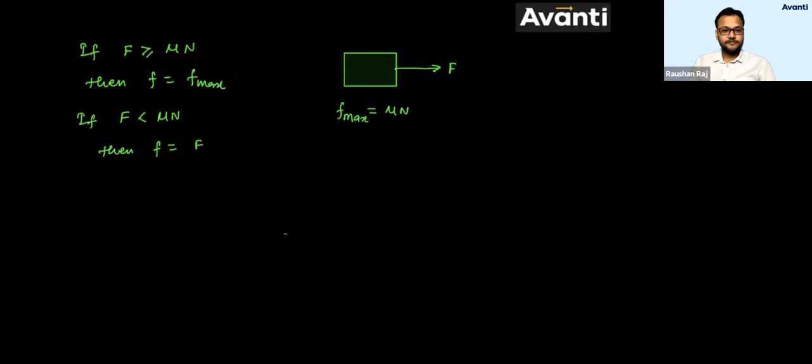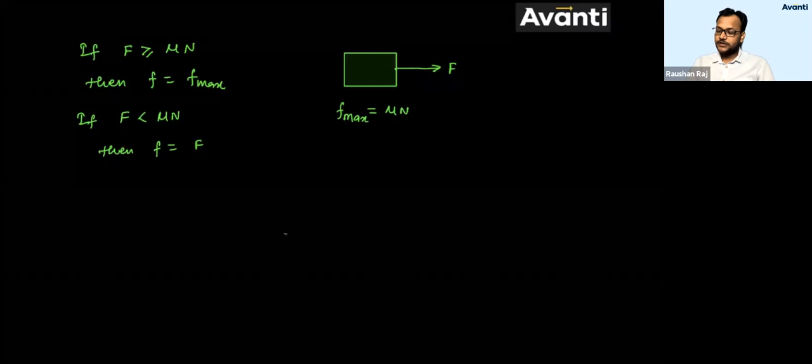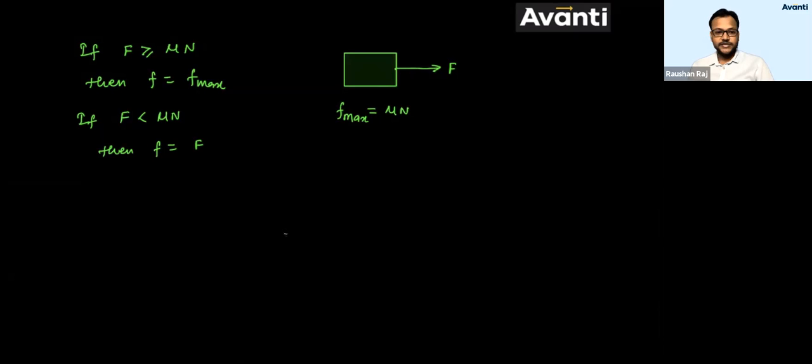If the external force is less than mu n, then the frictional force will be equal to F, so that this F and F get cancelled and the block is not going to move. Then yesterday we studied that it is easier to pull than to push on a rough surface.